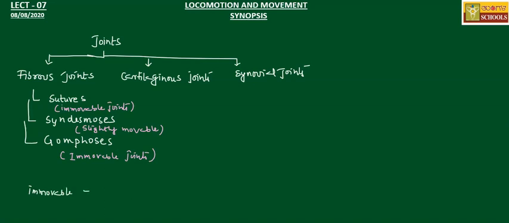All those joints that are immovable, we call synarthrosis. Coming to syndesmosis, which is slightly movable, we use a word called amphiarthrosis.